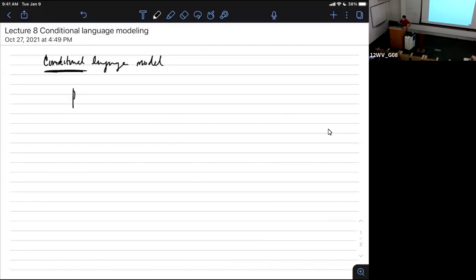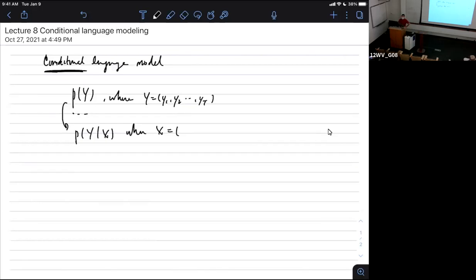What the language model computed was P(y), where y is some sequence y1, y2, up to yT. But now we're going to turn this into P(y | x), where x can be in fact anything. We're going to consider the problem of translation, so x is a sentence written in another language, and we condition on this.